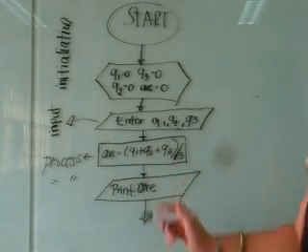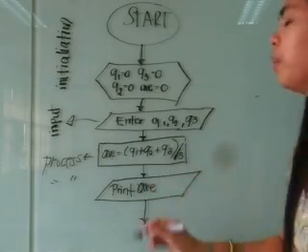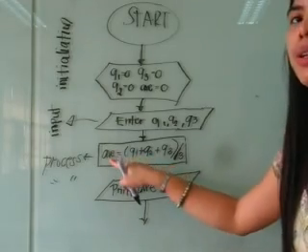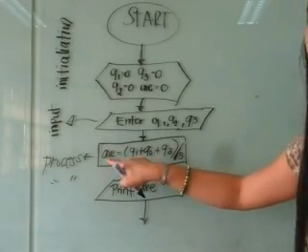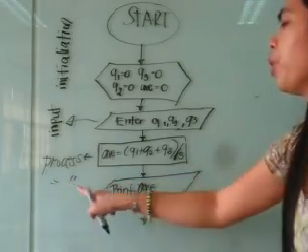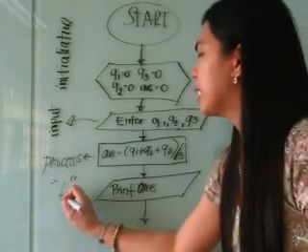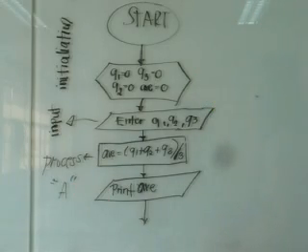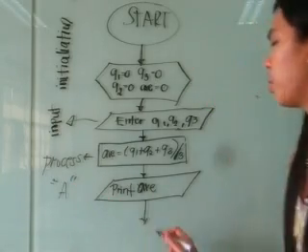When there is no double quote, that means you're going to output the value already solved with this formula. But if there is a double quote, that means you're going to print out as is what's inside the double quote. So that is the difference of the two.